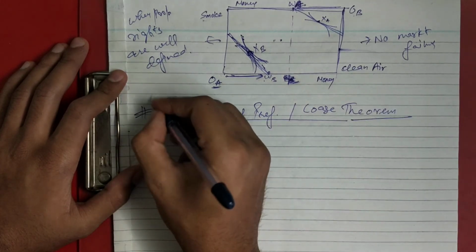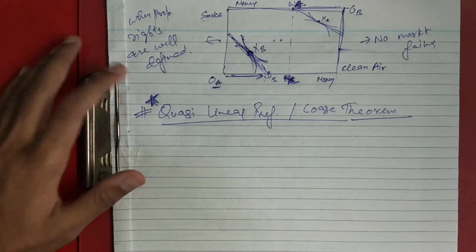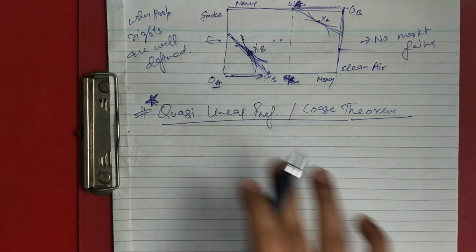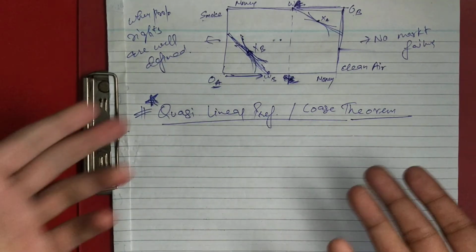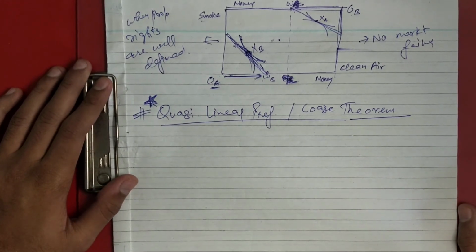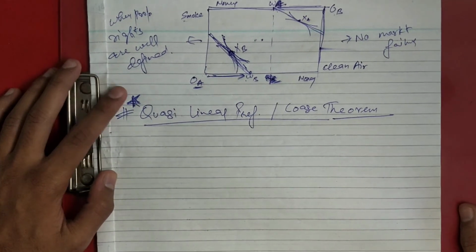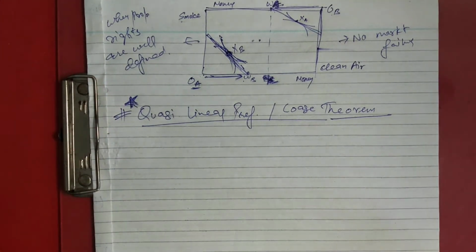This is a star rating topic, and it comes in the exam every time. So this is an important topic. Every topic is important, but we can say this is for someone who is not studying and studies only the night before the exam. Otherwise you have to study all the topics.